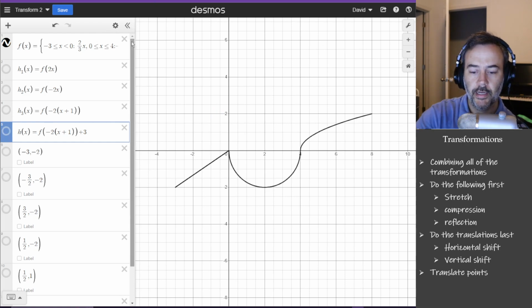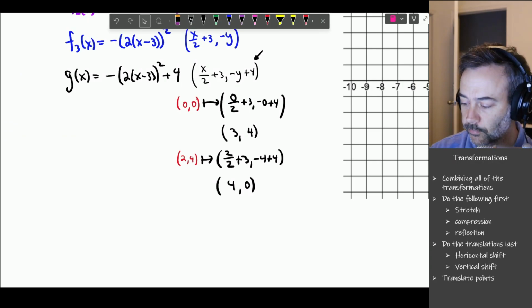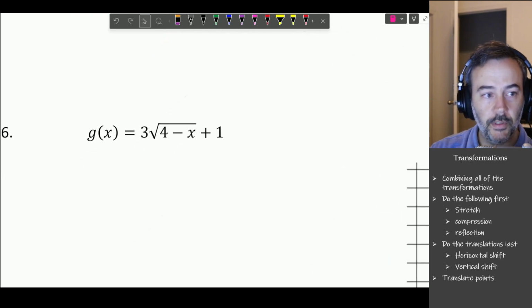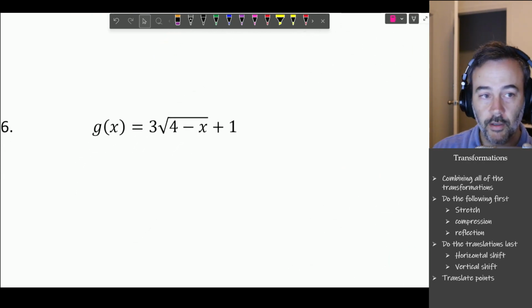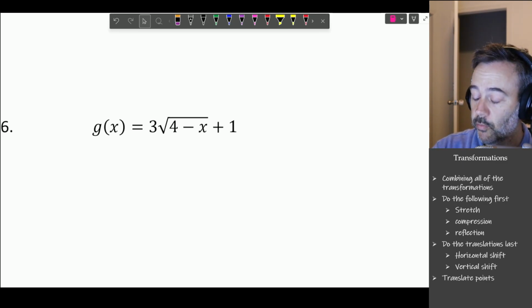And if we go back to here, then a couple notes. Remember, we want to be able to do the transformations of this. We want to get this in the form of A f of B x minus h plus k.